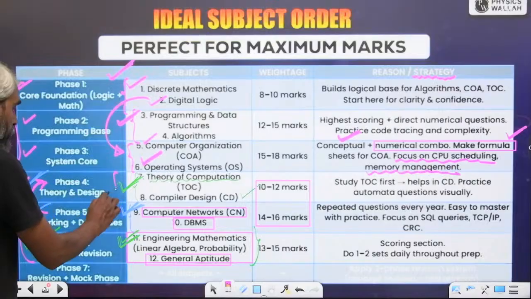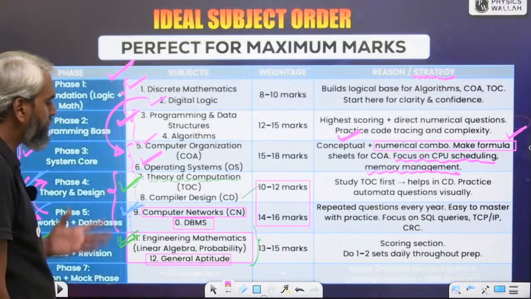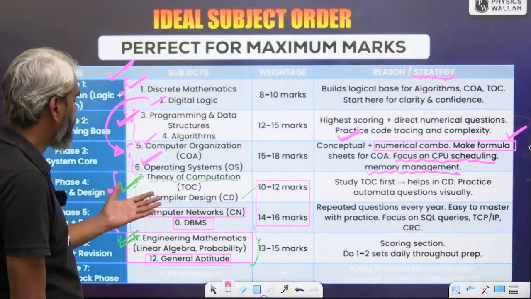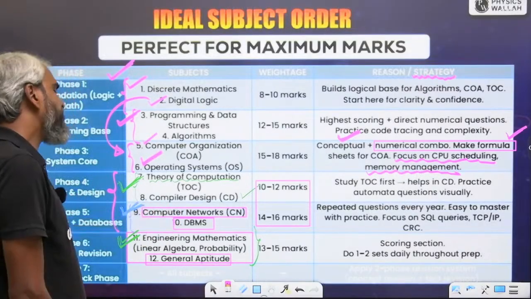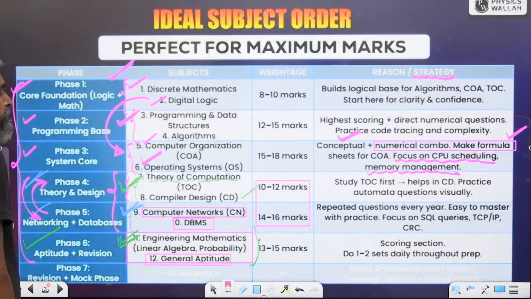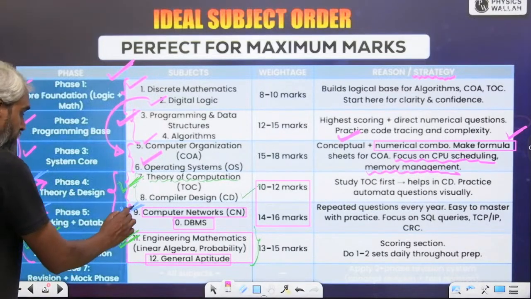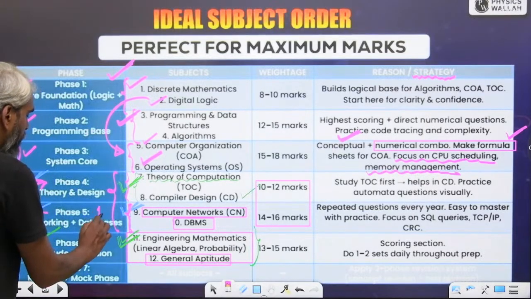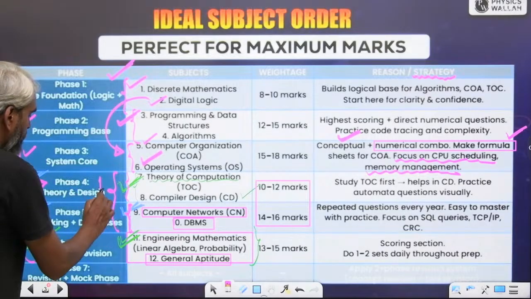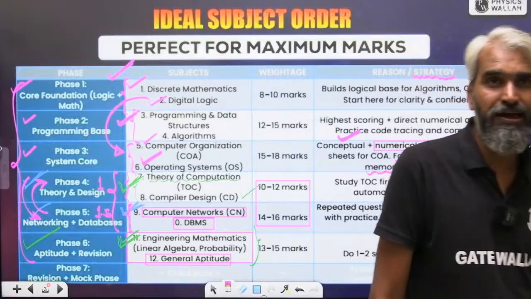Computer network and DBMS will require at least 1.5 times the time required to complete theory of computation and compiler design.